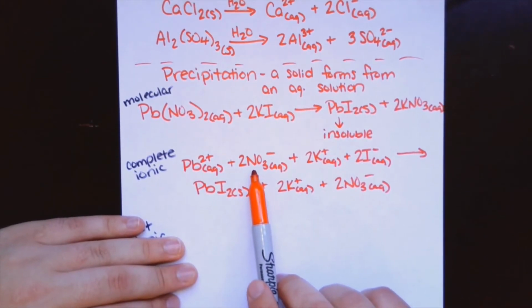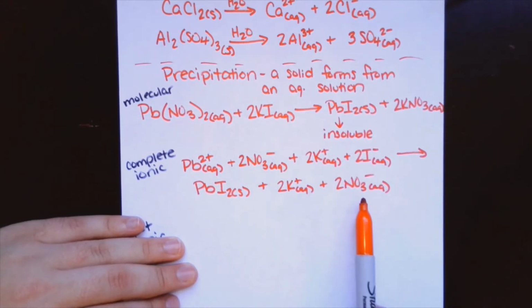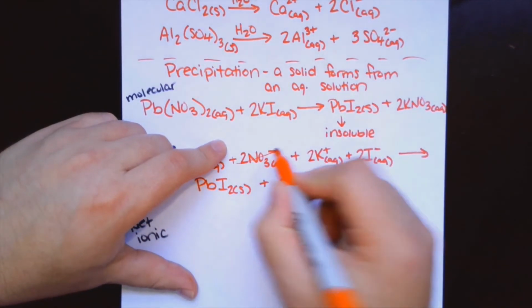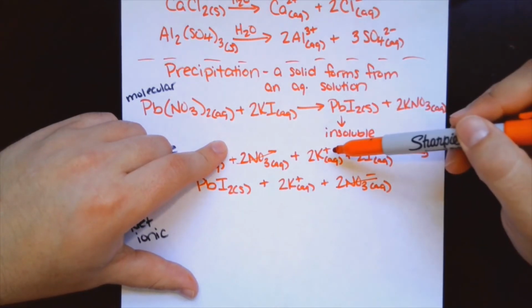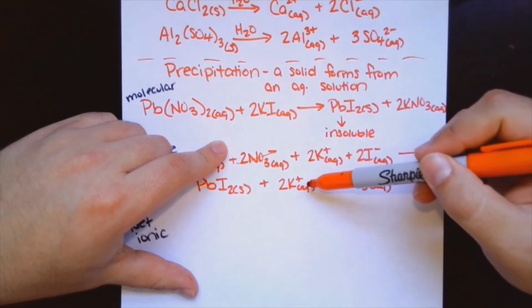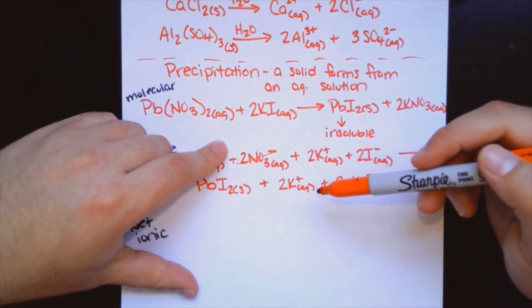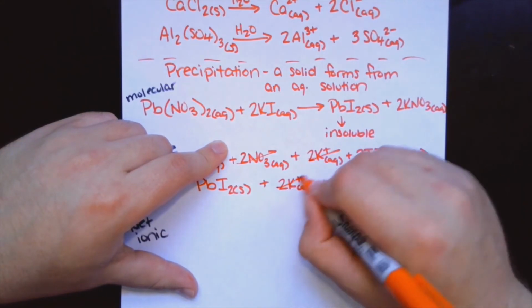We have 2 aqueous nitrate ions on the reactant side, and we have 2 aqueous nitrate ions on the product side. They are the exact same state. Those cancel each other out. We have 2 aqueous potassium ions on the reactant side and 2 aqueous potassium ions in the exact same state of matter on the product side, so those can cancel out.